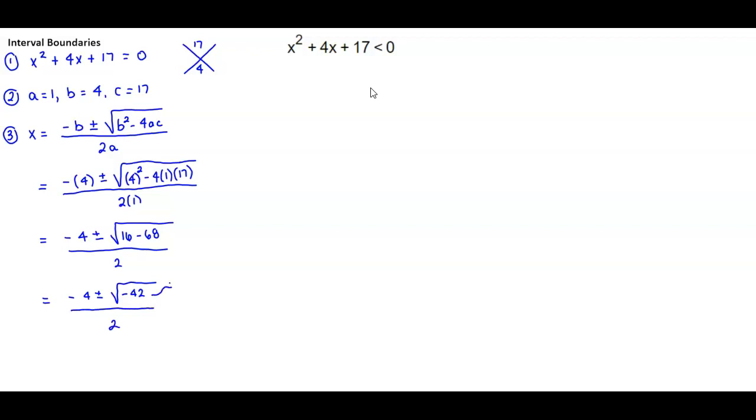If we take a look at the discriminant here, we can see that we get a non-real, or complex, solution.